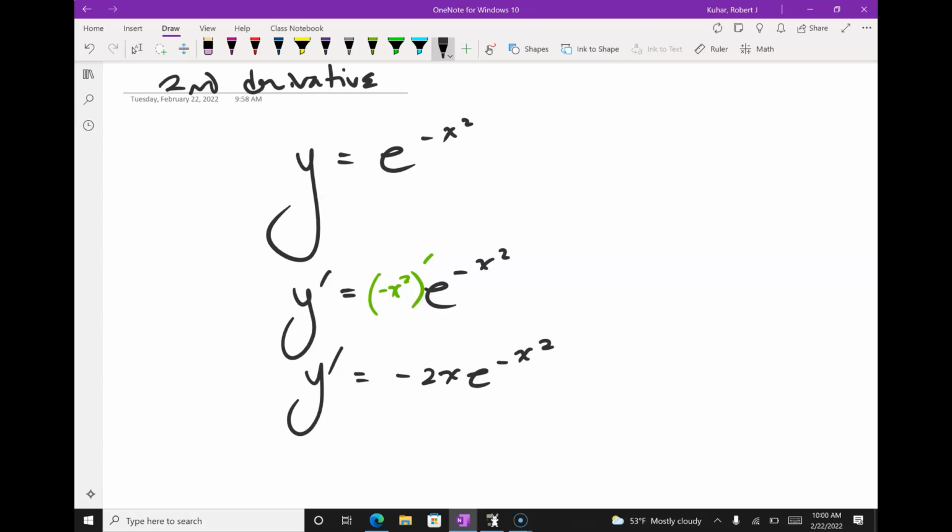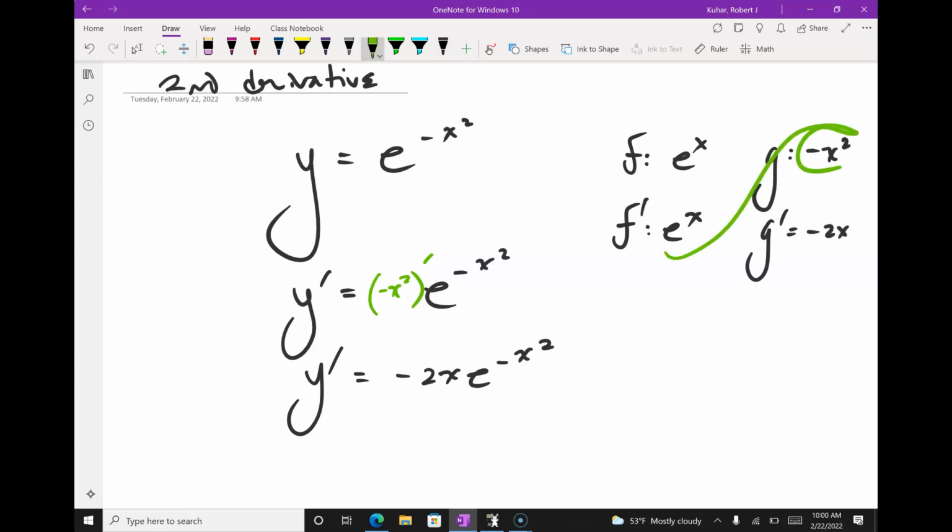Yes. So the loop would be e to the x. Derivative of that is e to the x. The original inside is minus x squared. Derivative is minus 2x. I'm going to take the e to the x, right? Wrap it in that negative x squared, right? And then multiply by the g prime.